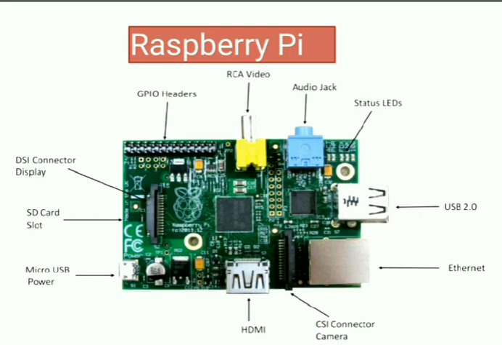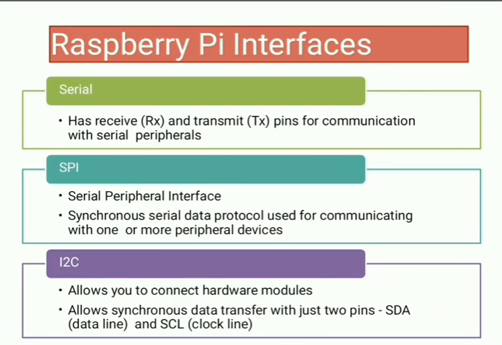Now we'll see the interfaces of Raspberry Pi. Raspberry Pi has serial, SPI, that is serial peripheral interface, and I2C interfaces for data transfer.